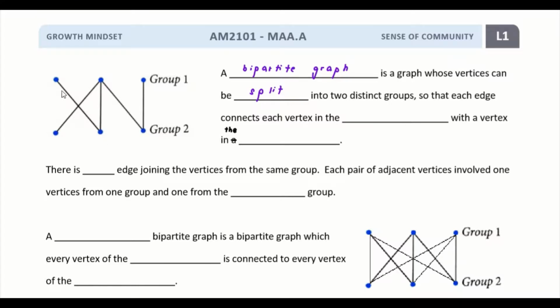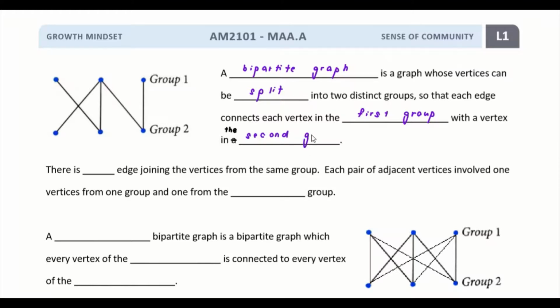When you look at all the edges connecting the vertices together, they connect one vertex from group 1 and another vertex in group 2. Am I right? Looking at these edges: group 1, group 2, group 1, group 2, and so on. Each edge only connects a vertex in the first group with a vertex in the second group.